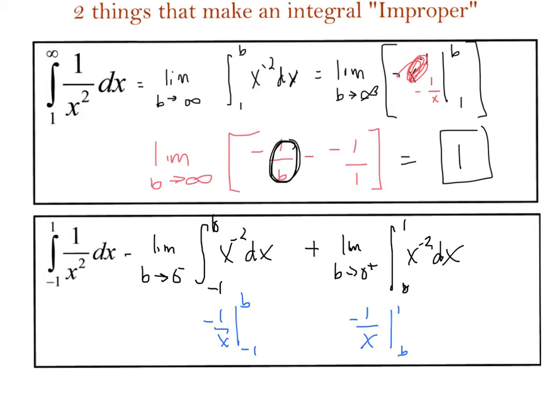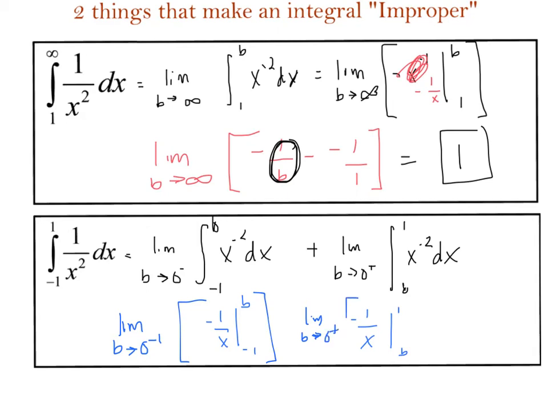Okay. So when you do that, and again, we're still taking the limit as b approaches 0. For this one, the limit as b approaches 0 from the positive side. But what you're going to see, I hope you see this, because you really end up with the same thing.